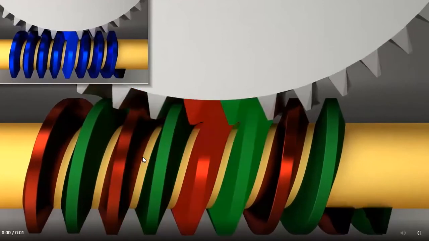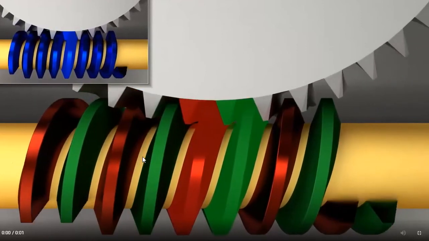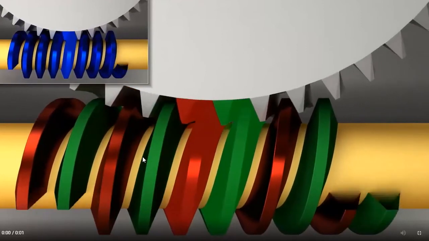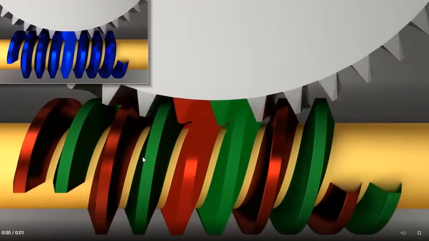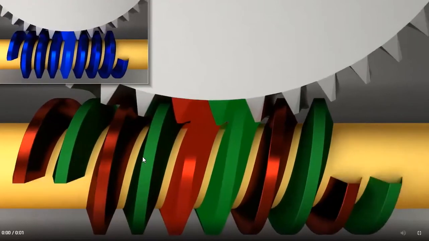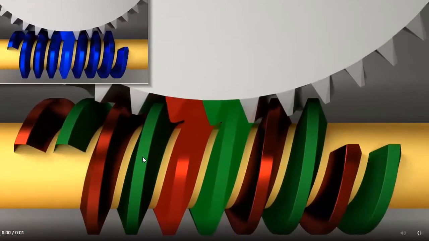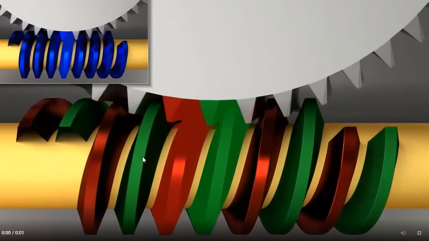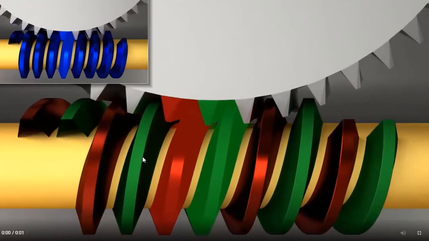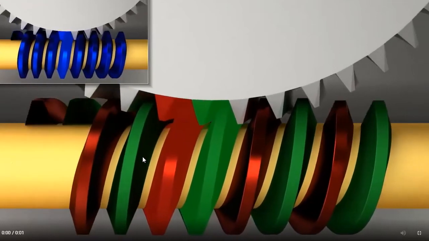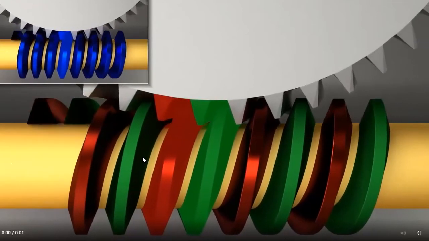For a single start worm, only one tooth is in contact at a time. But for a double start worm, two teeth are in contact at the time. Now you understand clearly? So multiple start worm means multiple teeth in contact. Clear?